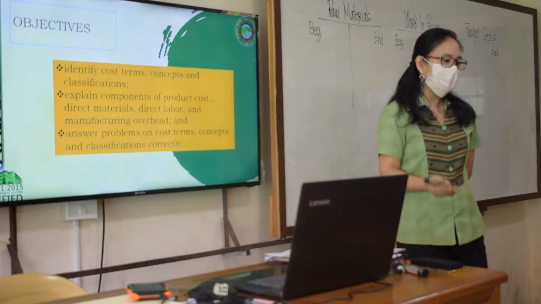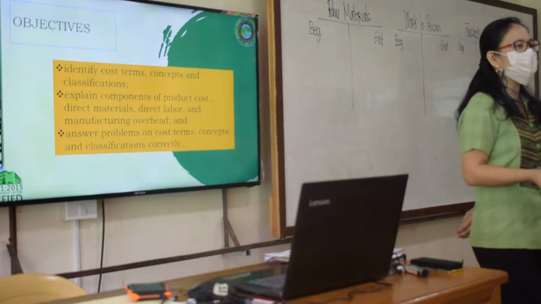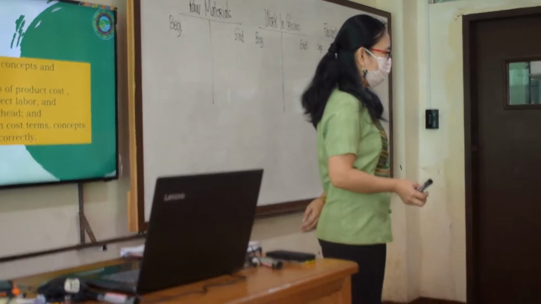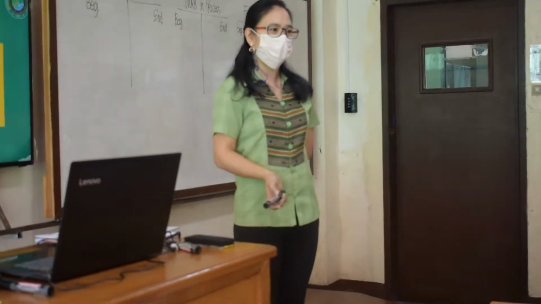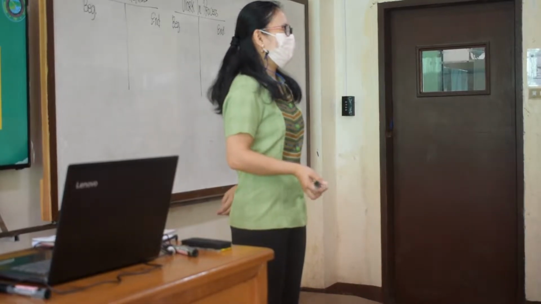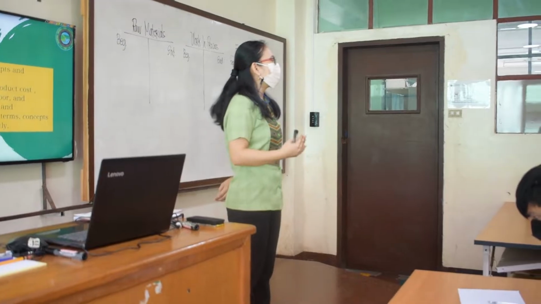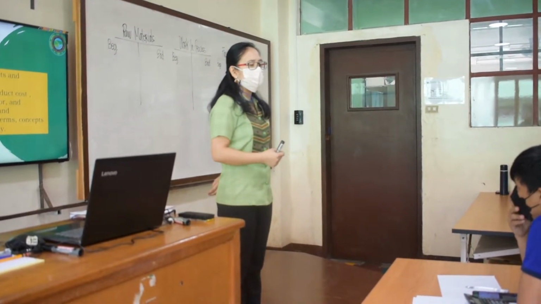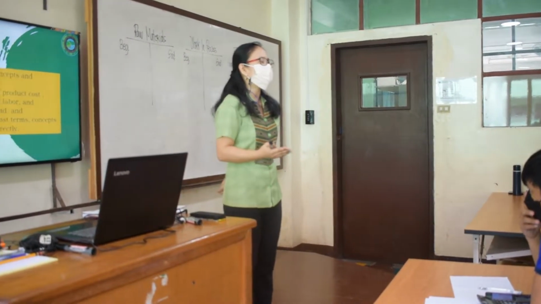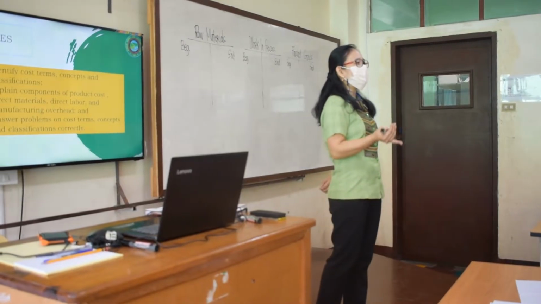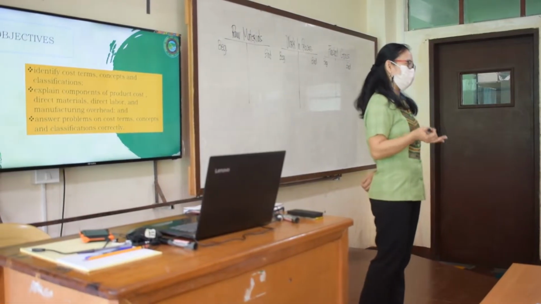Last meeting, we were able to discuss part 1 of our topic in this course, cost accounting. In part 1, you gained knowledge on the definition and basic concepts of financial accounting and cost accounting.